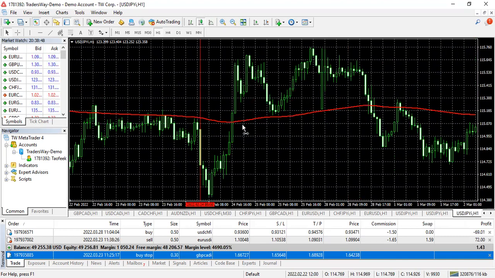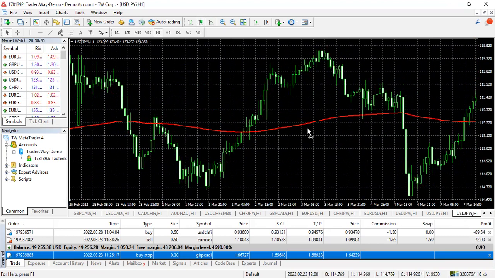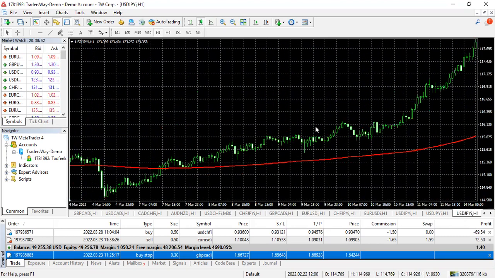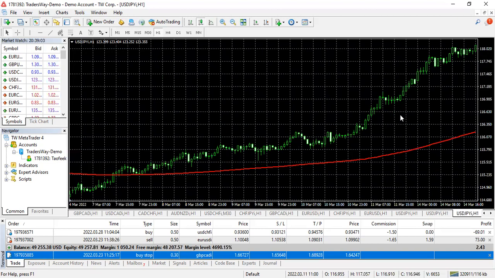But when the indicator is below the market, for instance, something like this, the indicator is below this market, it is telling me we have an uptrend in this particular market. So this is an uptrend trade.